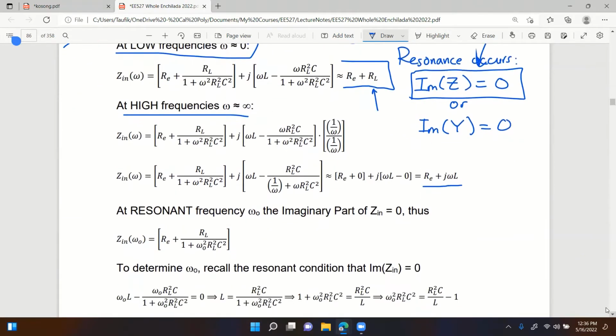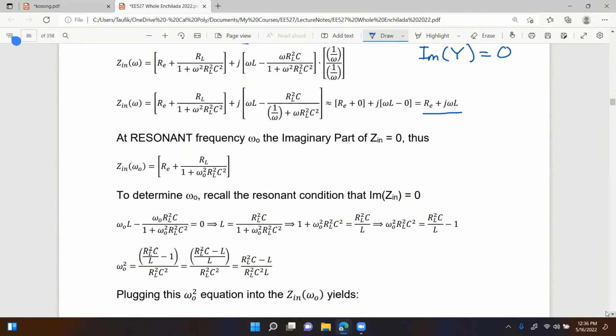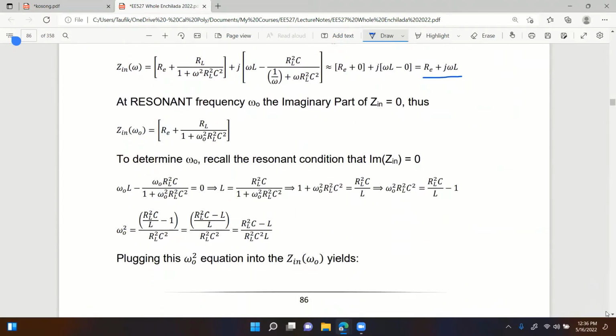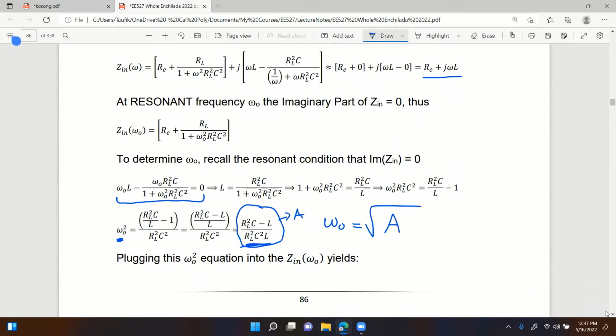That's what I did right here. See this? And I've already derived this for you. Again, I won't go through the algebra in detail, but at the end, I get omega naught square equal to this. Or in other words, omega naught is equal to the square root of this term. Let's call it A. It's going to be the square root of A.